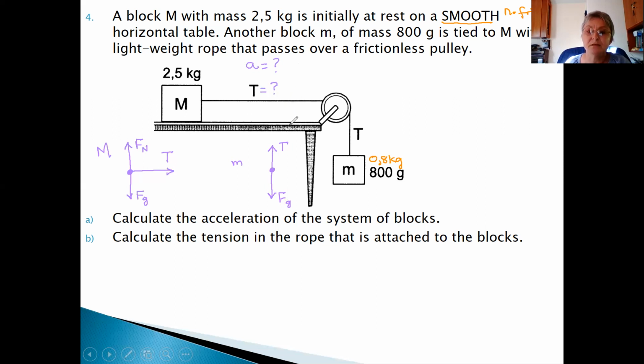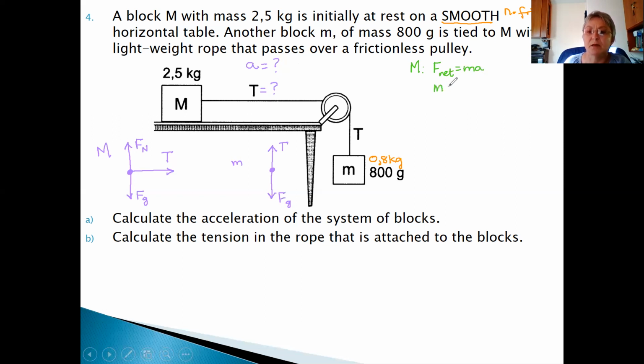If that is the case, then I need two equations, and I am going to do them here. So for M, my first equation is F net equals MA.